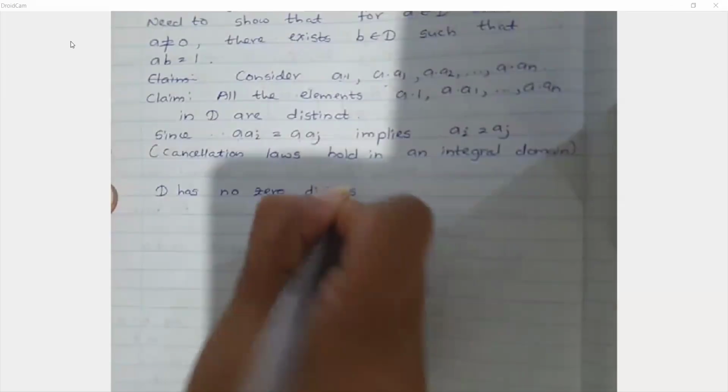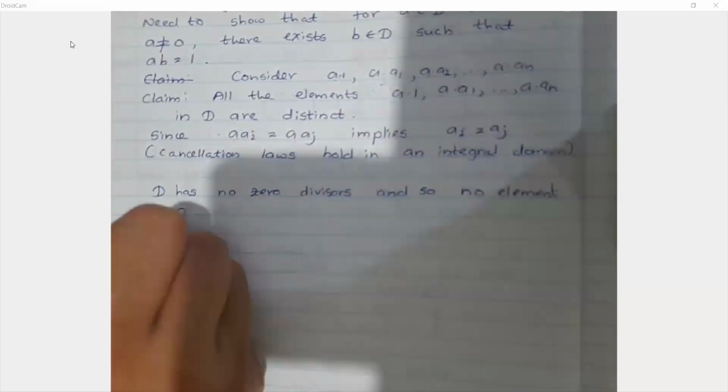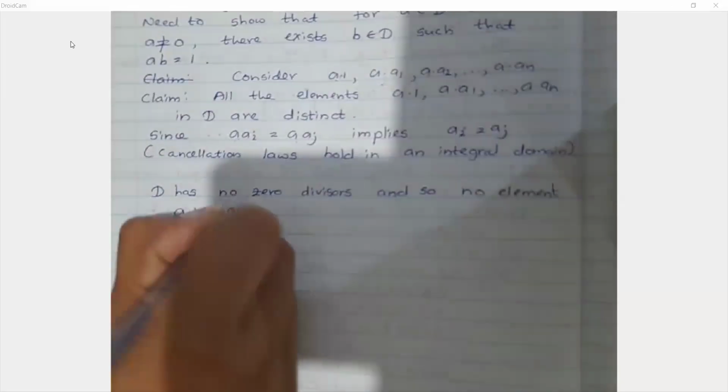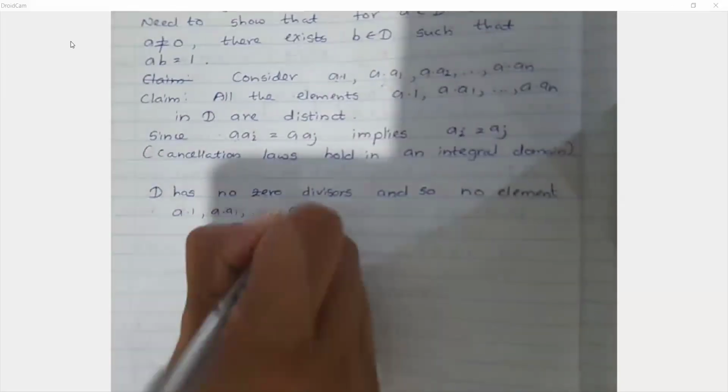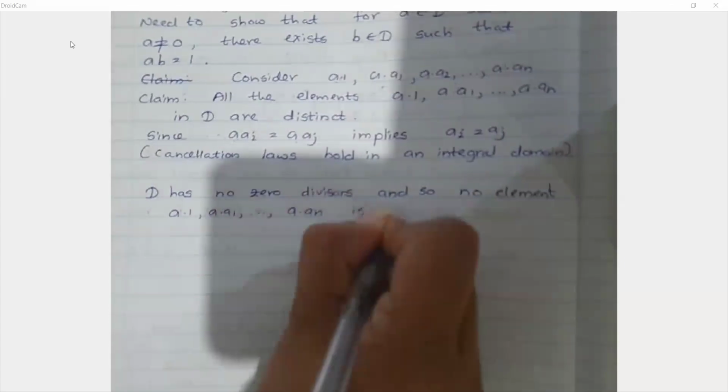So we write, D has no zero divisors and so no element a times 1, a times a1, up to a times an is 0.